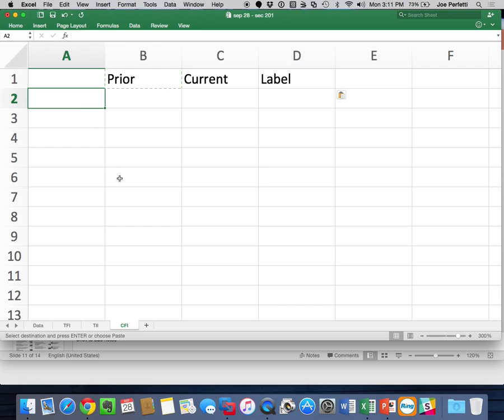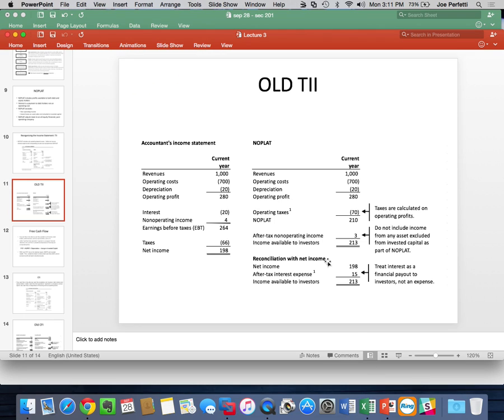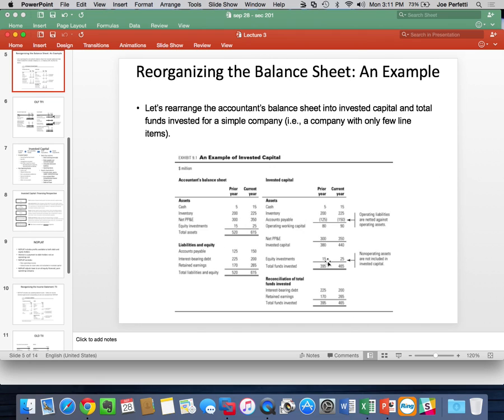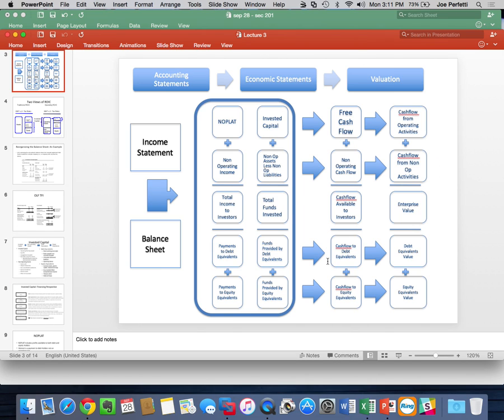All right. So, first, following this format, CFI is the income statement minus the change in the balance sheet.